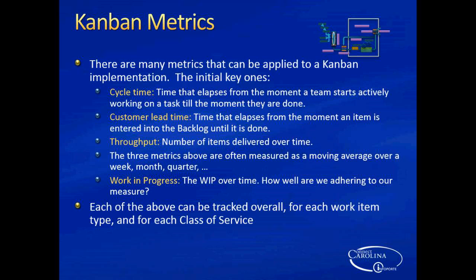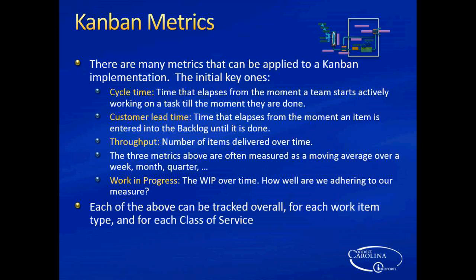Kanban has a slightly different set of metrics. Cycle time: the time that elapses from the moment the team starts working on a task until they're done. That is parallel to velocity, where velocity is multiples.